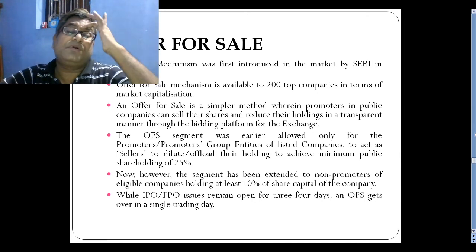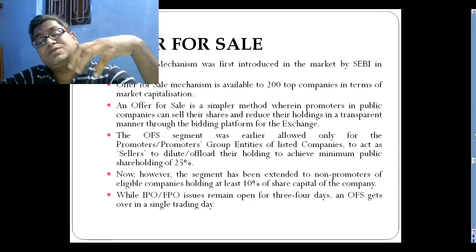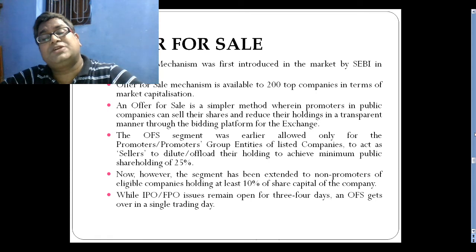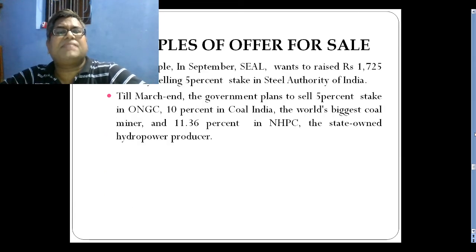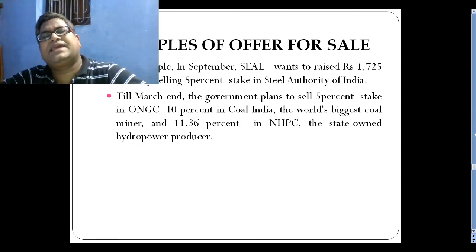Promoters' holding is converted and extended to non-promoters, meaning non-promoter eligibility, and that is called an offer for sale. It's one type of mechanism. For example, offer for sale means a sale of stake.